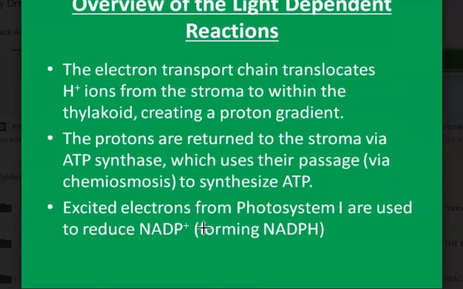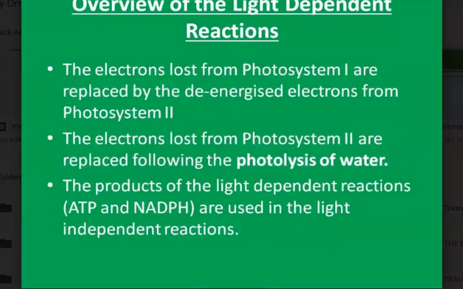The electrons there are used to reduce the NADP plus, sorry. Now the electrons from photosystem 1 are replaced by the energized electrons from photosystem 2. Now the electrons lost from photosystem 2 are replaced following the photolysis of water.